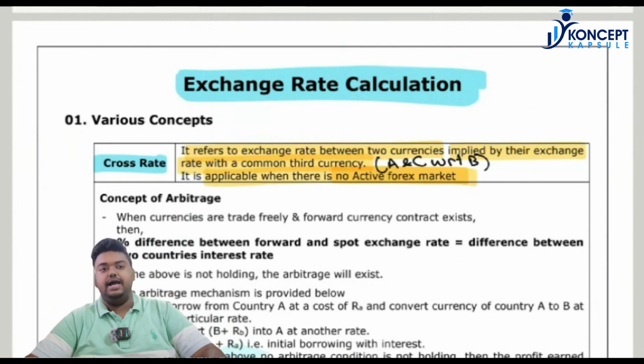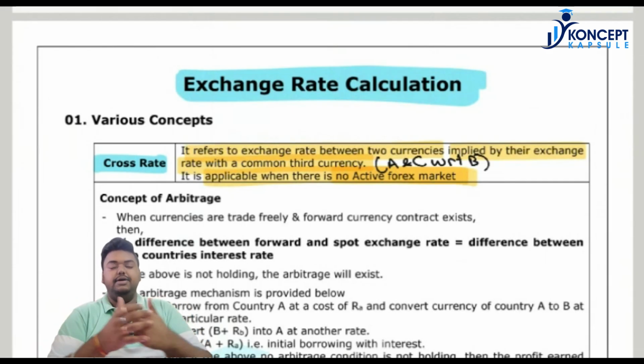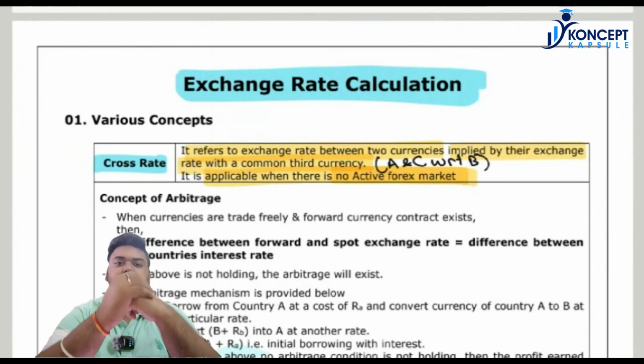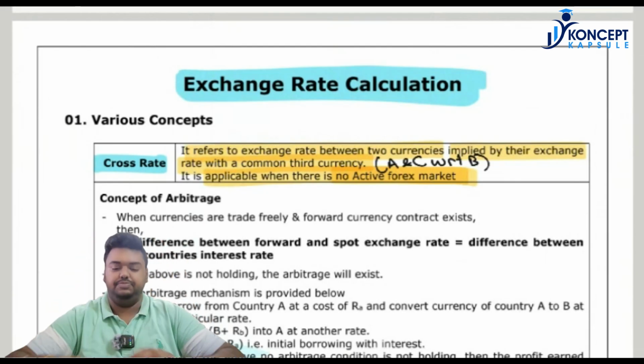Yes, as we have discussed, the primary reason why two currencies might not have a foreign exchange rate is because there is no active forex market. Guys, are we clear with cross rate? Okay.